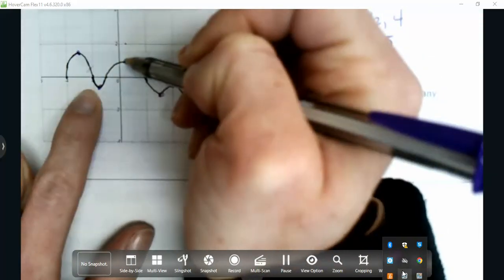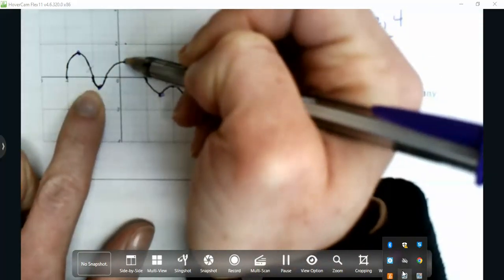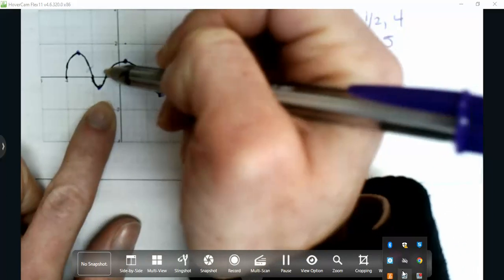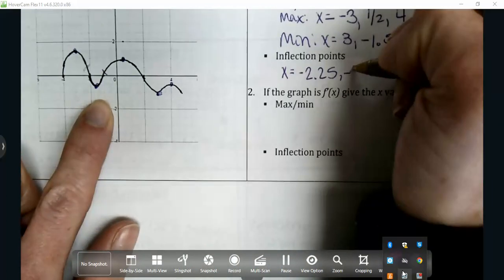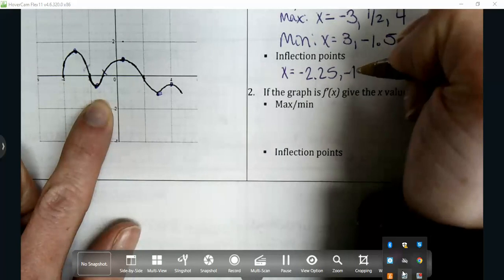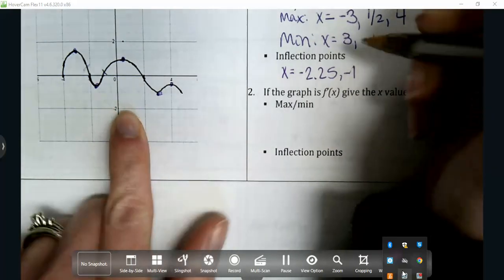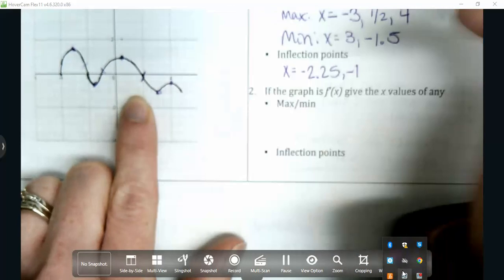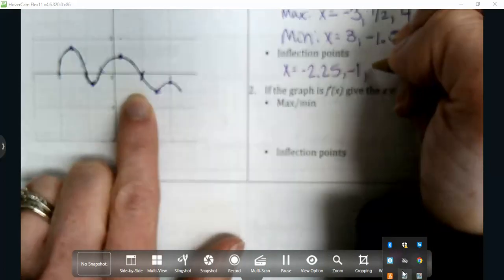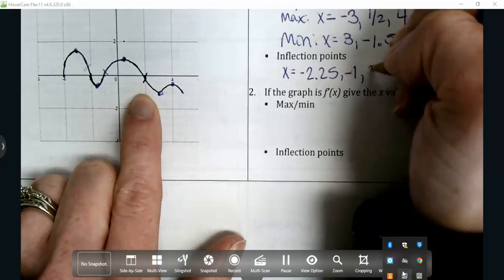And then we changed between here and here. So where does that look like approximately? -1-ish or -0.8-ish, somewhere in that ballpark. And then between these, so probably +2-ish.